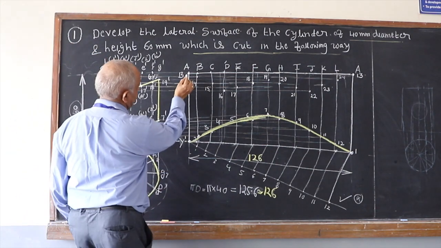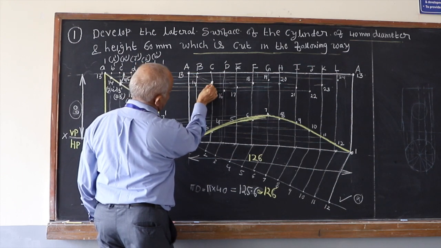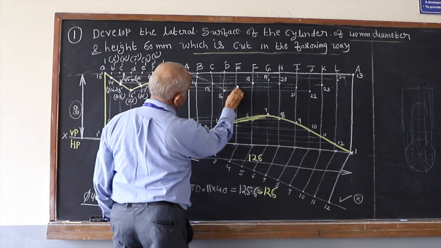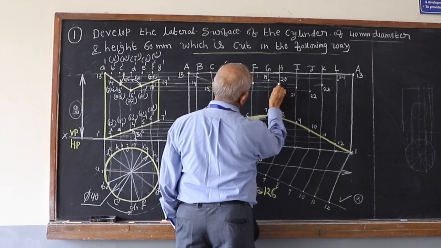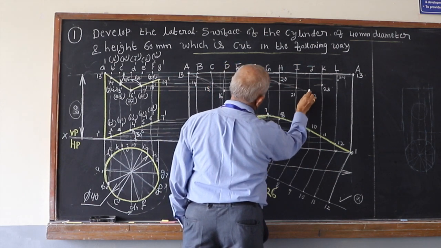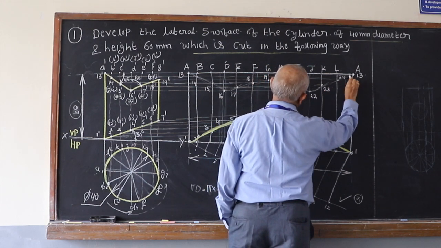It should go through this. See the numbering order, visible and then invisible: 13, 14, 15, 16, goes this way, 17, 19, then it comes like this, and then it needs to be a smooth curve, like this.